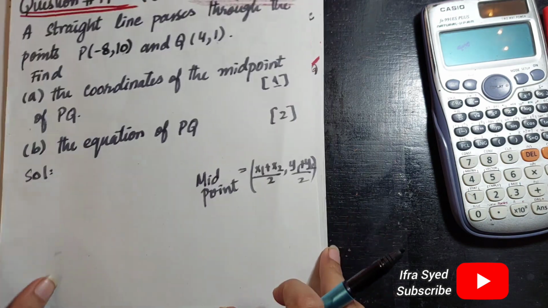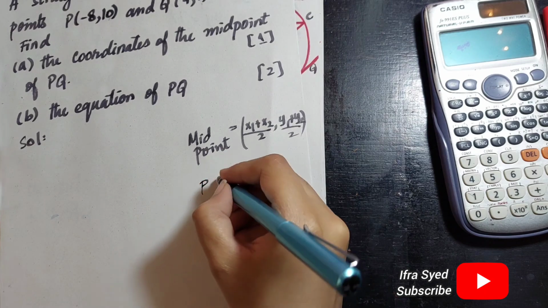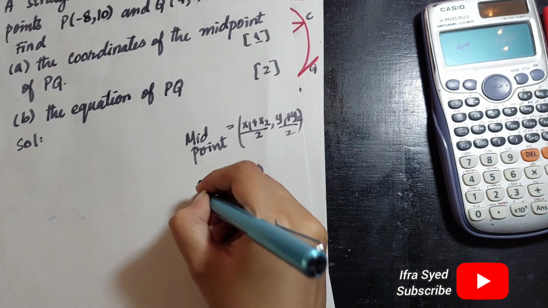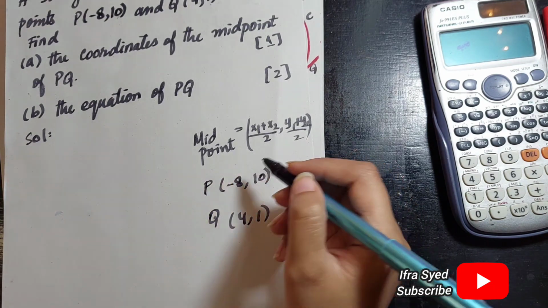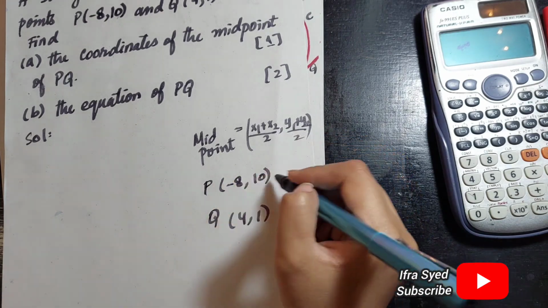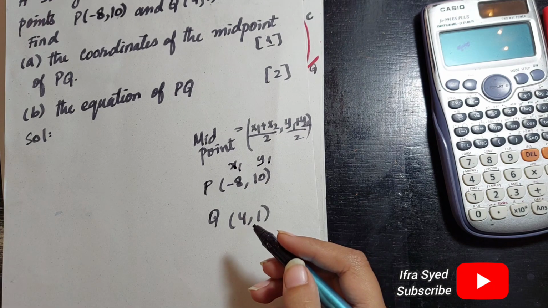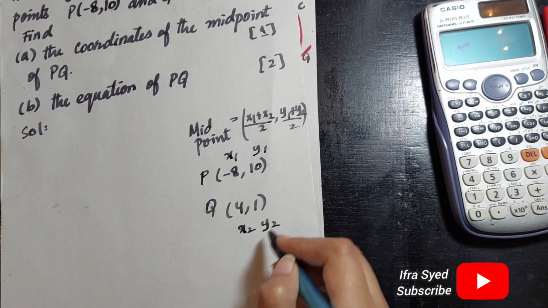First of all we will mark x1, x2 and y1, y2 in these 2 points P and Q. P is minus 8, 10 and Q is 4 and 1. I'm taking P as the first point, so its point will be x1, y1, and Q is the second point, so its values are x2, y2.